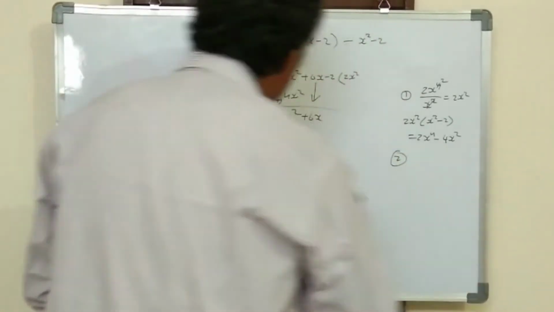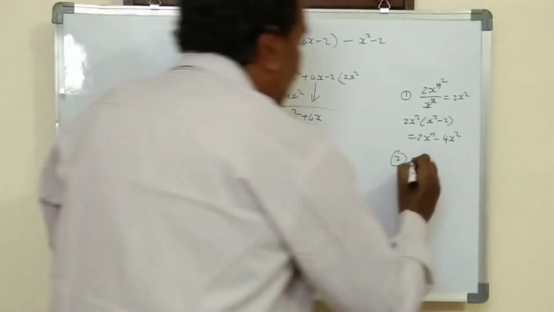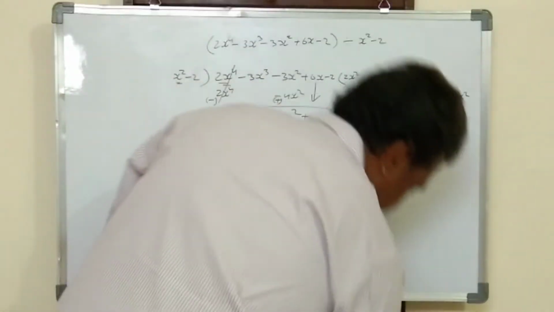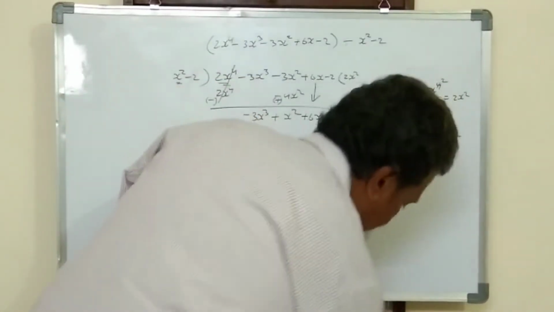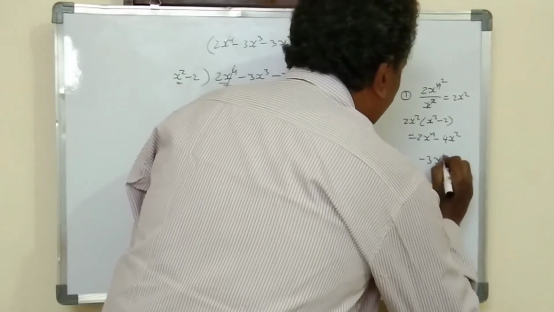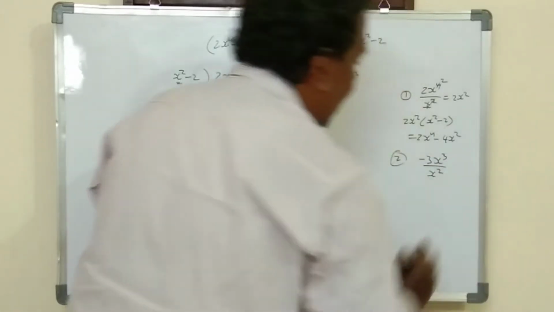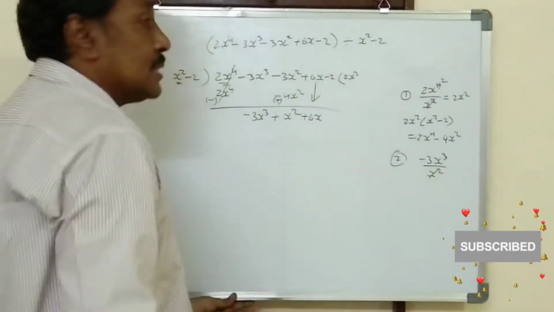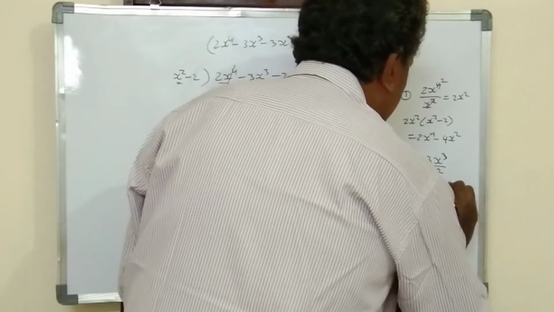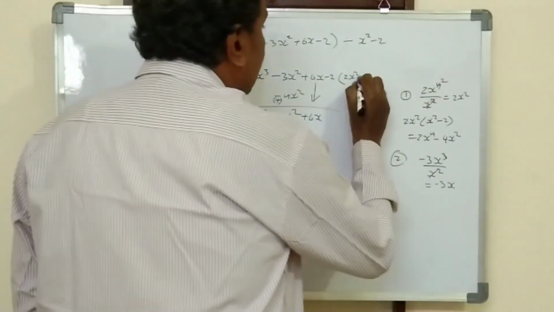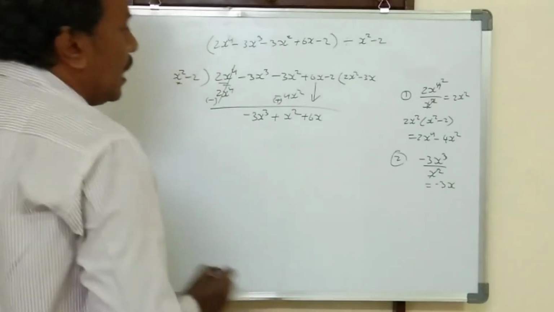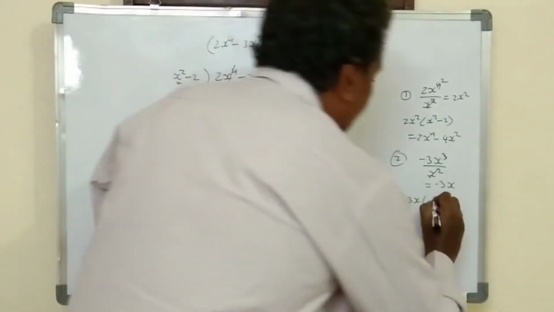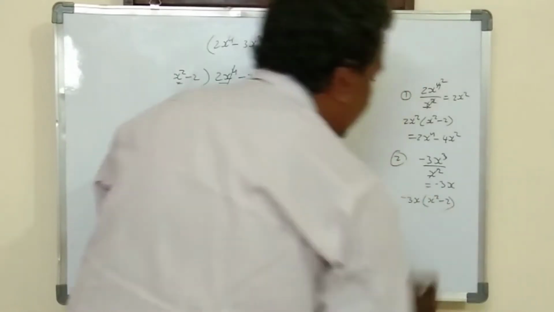Step 2. Again, minus 3x cube is divided with x square. x square into x cube, the x's will be cancelled. That becomes minus 3x. So place minus 3x here. As usual, minus 3x is multiplied with x square minus 2.